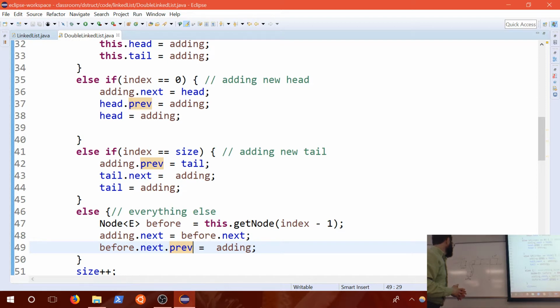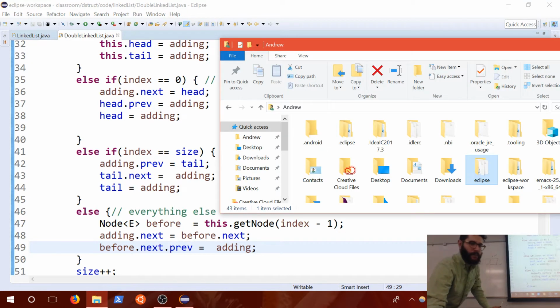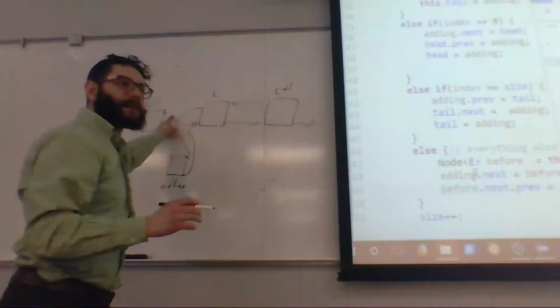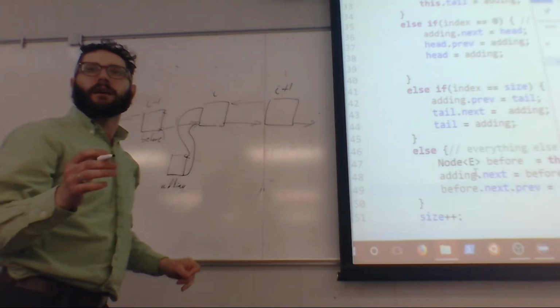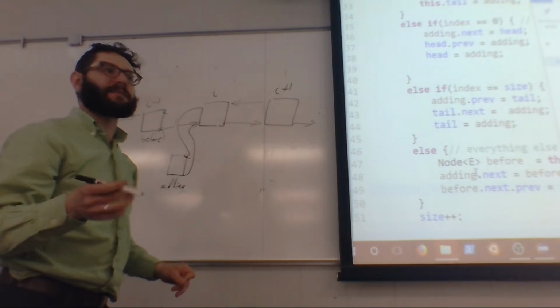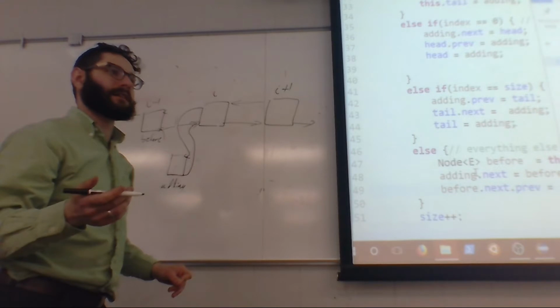Okay? Of course. Let's go ahead and see over here. I skipped a step, but I should probably attach adding to before first. But as I mentioned, with doubly linked lists you get a chance to make a mistake like that, and it's not going to completely kill you here.